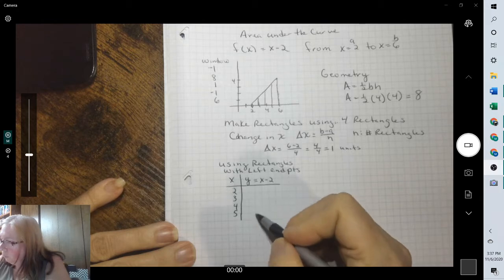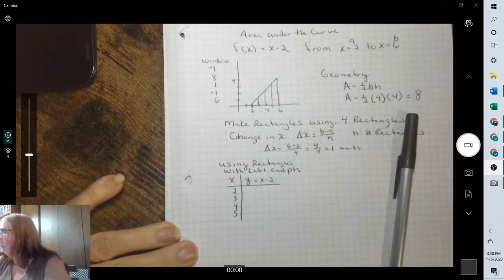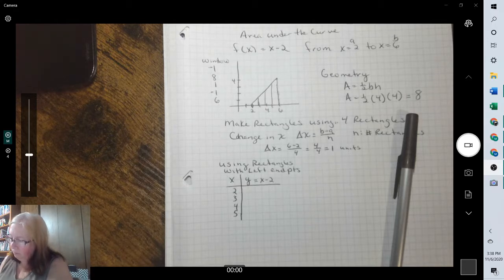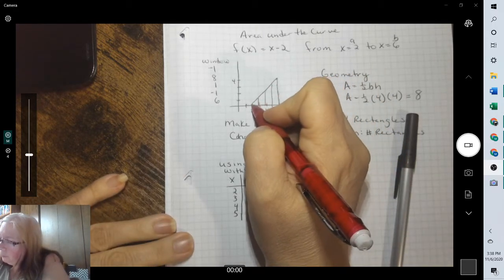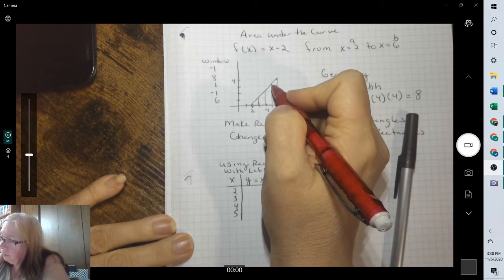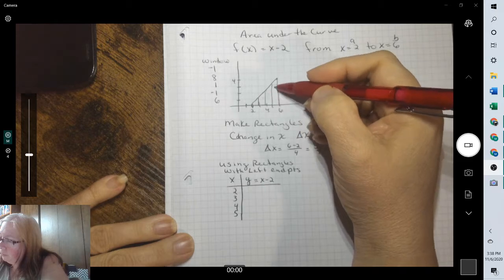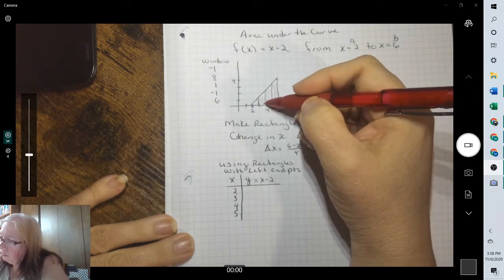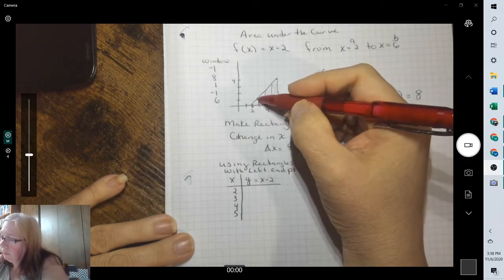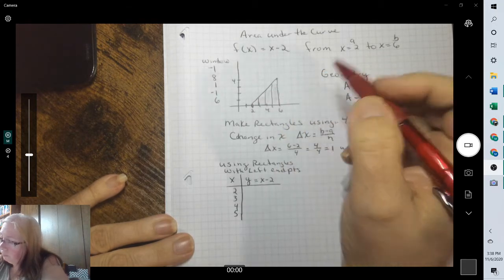And then you plug in your y value, because what you're doing is finding this height. Here we're losing that whole rectangle, but here the rectangle would be here. So notice it's going to come a little short, because we're starting on the left and going with that height.